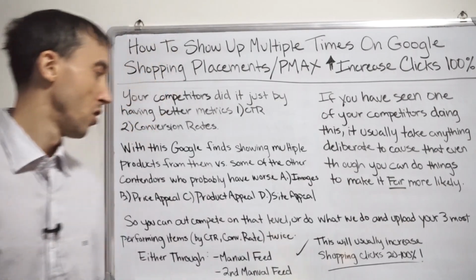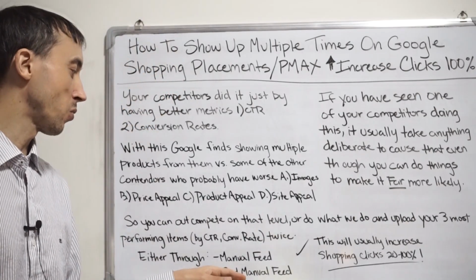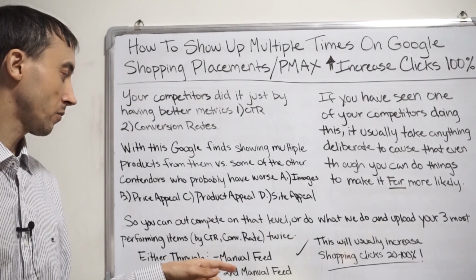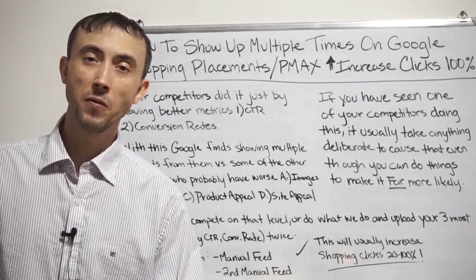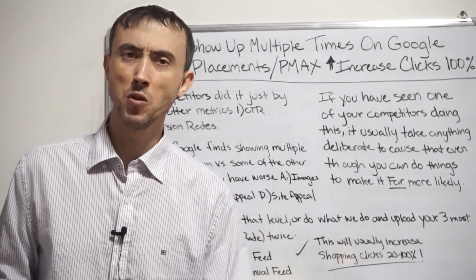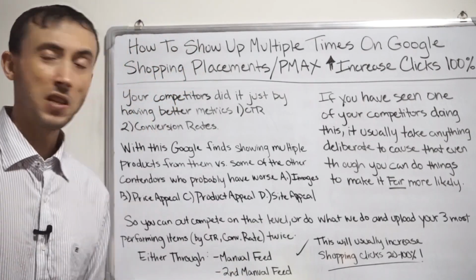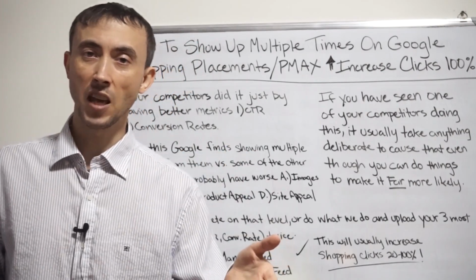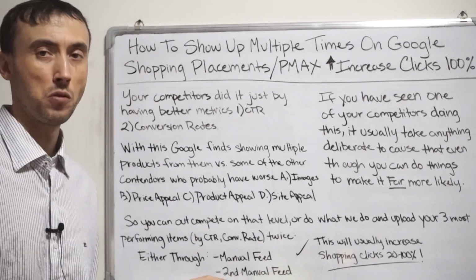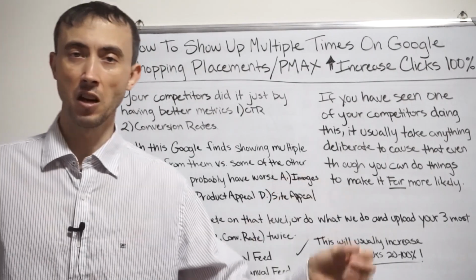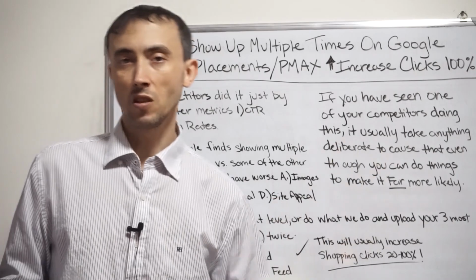As a second way you could do this, by the way, if you're using a manual product feed already, and you're saying, Corey, I already am using a manual product feed, you could technically upload the product again on the same product feed, or you could have a second manual product feed to do what I'm telling you here. Just to clarify on that.